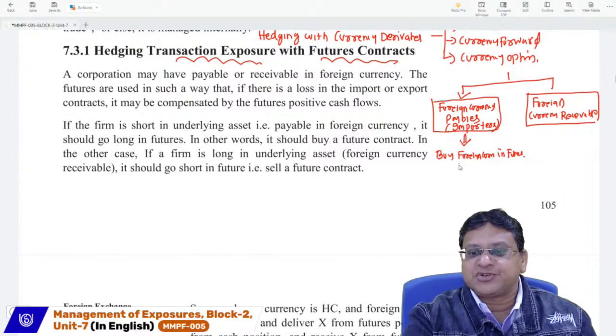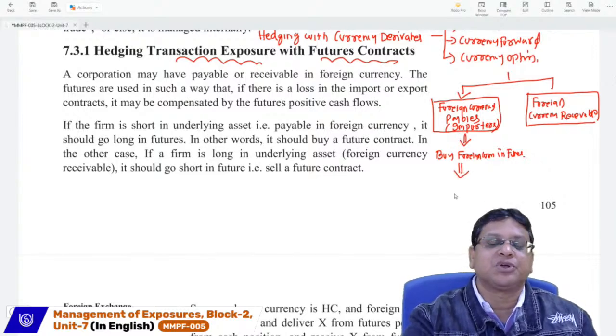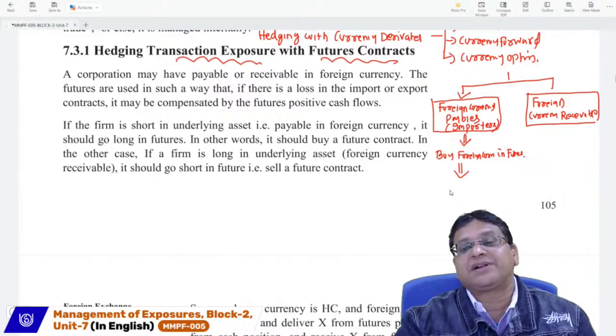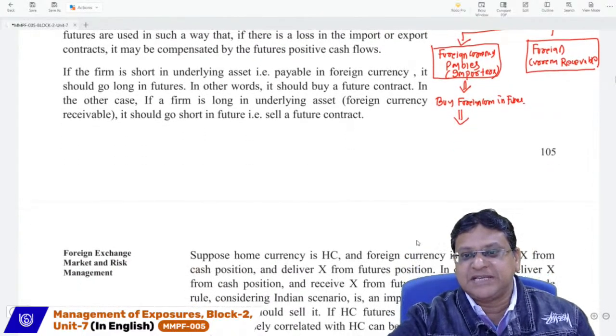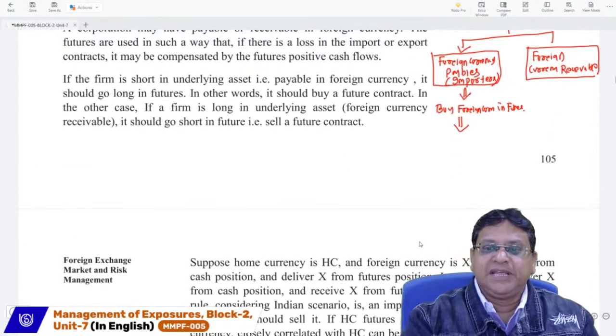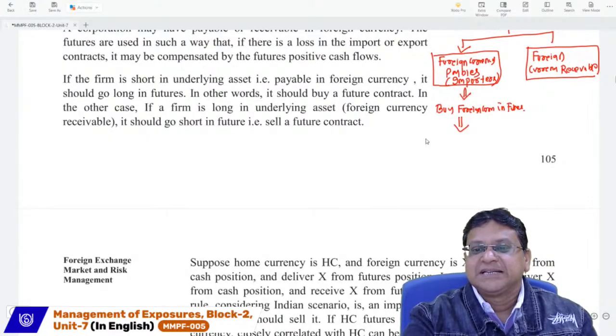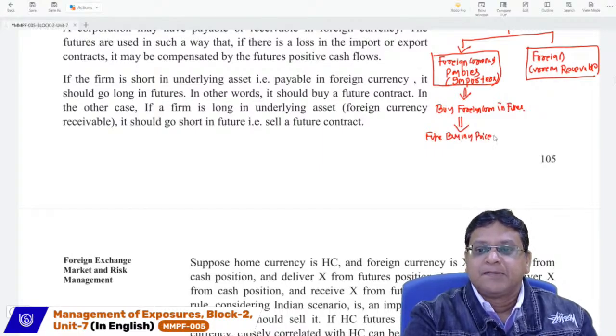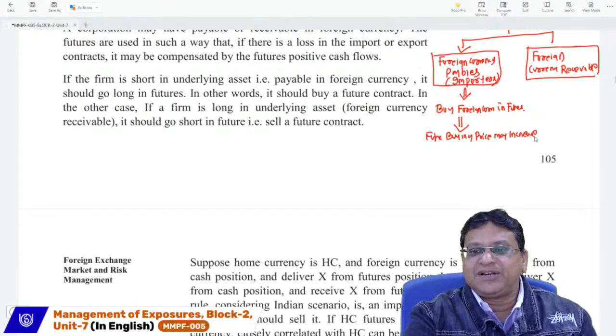So when a party has to buy foreign currency in future, what is his major risk? His major risk is the future buying price may increase. So what he wants to do?